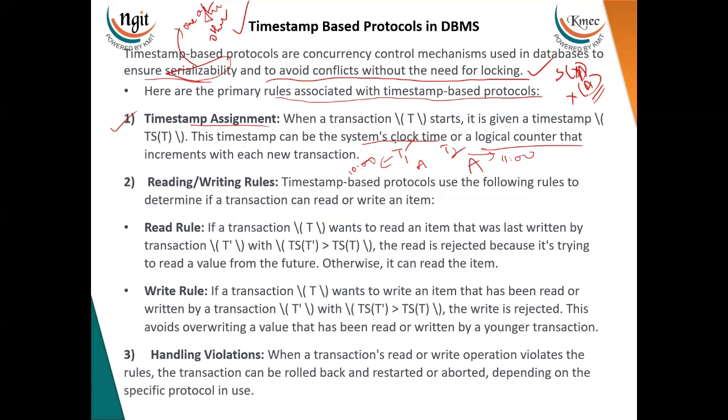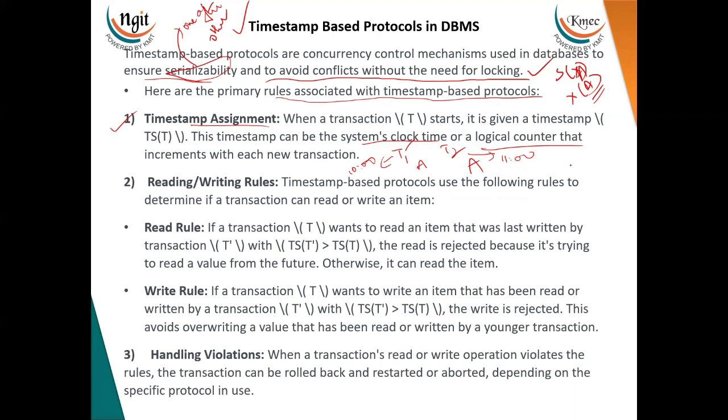If not the system's clock time, the timestamp can also be assigned with the logical counter. Let's say T1 has arrived at time interval 1. Then later on, if T2 has arrived at some other time interval, this logical counter will be incremented. So the timestamp 2 will be defined for T2.